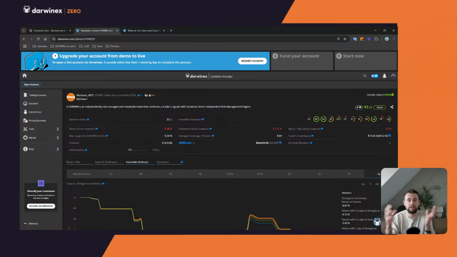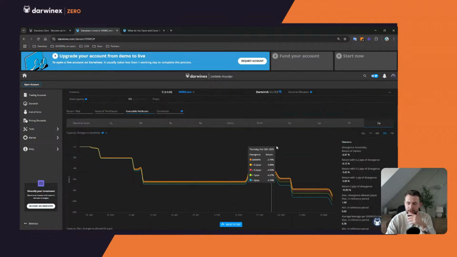So if you swapped Euro Swissy or pound Swissy for Euro dollar or pound dollar, you might get less slippage for the investor and therefore a higher capacity. Exactly, no weird exotic currencies, because you will have a low capacity. I'm not saying don't trade exotic pairs, but just be aware that you will be limited for the amount of volume that you can actually shift off in any given time, or any given trade, I should say.